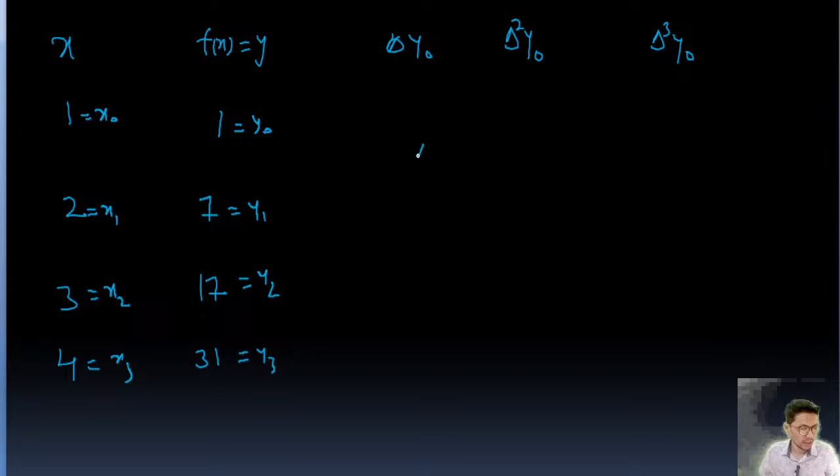This value is going to be 6, and then y2 minus y1, which is 17 minus 7, is going to be 10, and y3 minus y2 is 14. We write these in between.